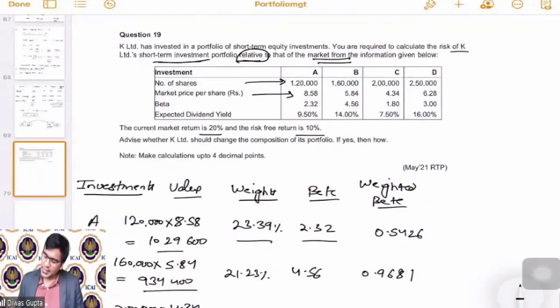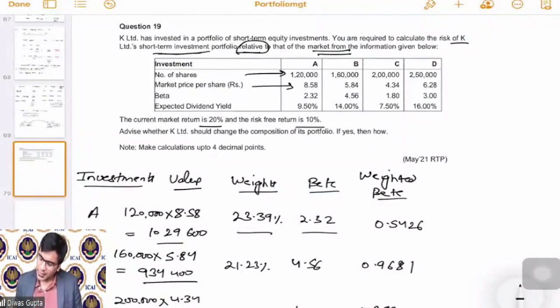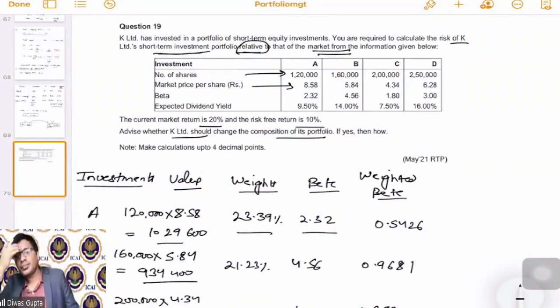Now the next part of the question is, they're asking us to advise whether K Limited should change the composition of its portfolio, yes or no. See, now there is already a portfolio, correct? We have to evaluate this portfolio. Which evaluation technique should we use?